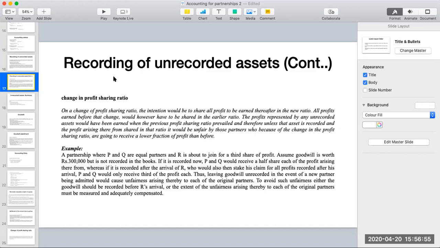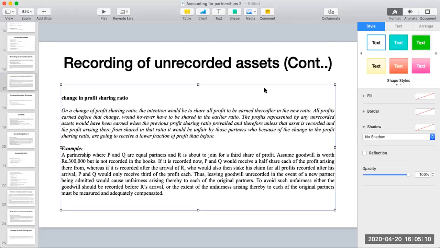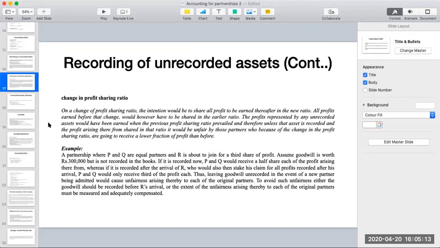An example is given. Read it. A partnership where P and Q are equal partners and R is about to join for a third share of profit.